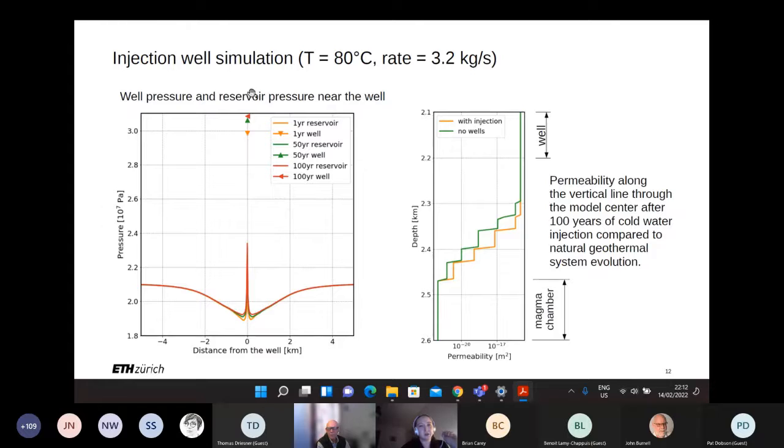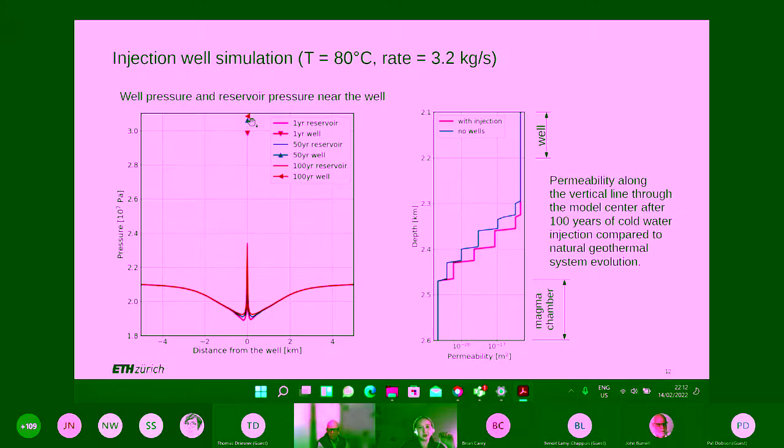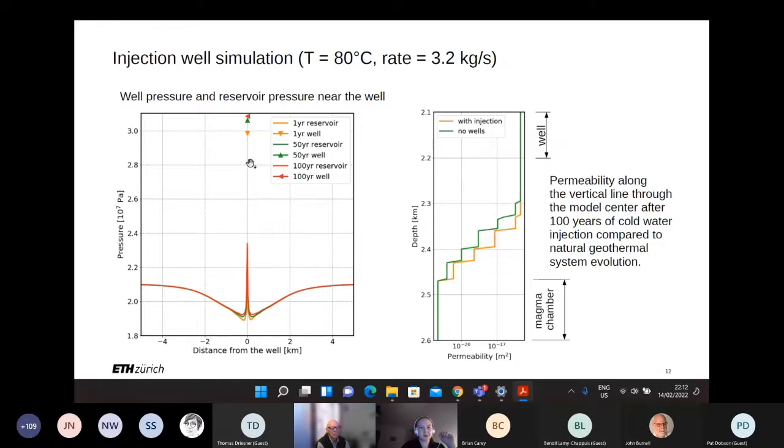On this slide on the left, I have plotted the pressure near the injection well, and we see that the well model captures really nicely the steep gradient near the well, and also that pressure around the well is increasing with time with injection, which makes sense. And on the right, I have plotted the permeability along the vertical line through the middle of the model.